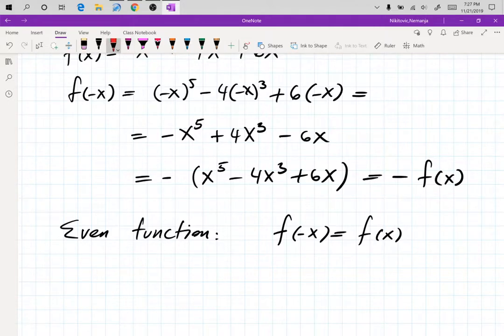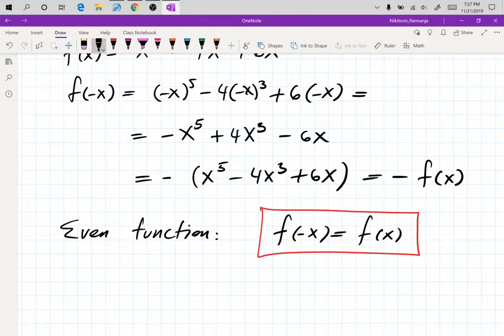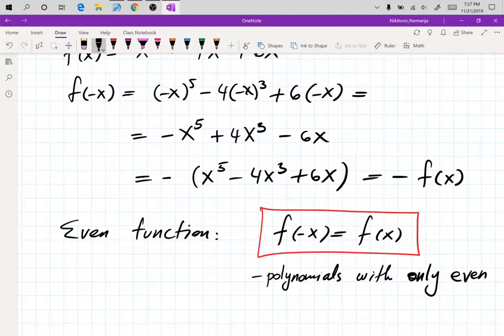So the group of functions that have this property would be the polynomials with only even exponents, and I'll put and constants.